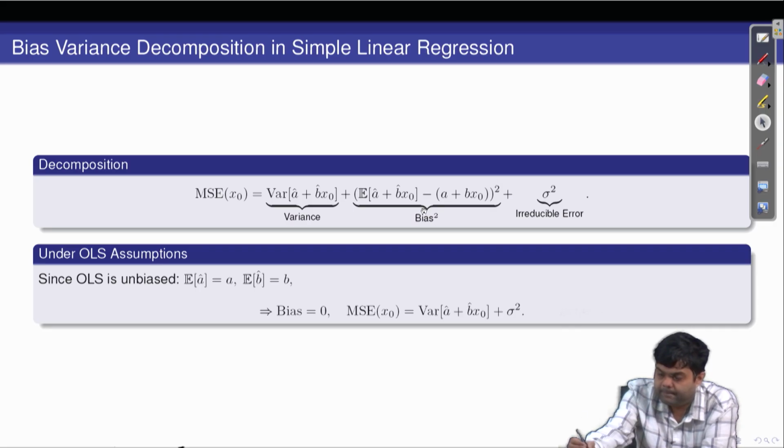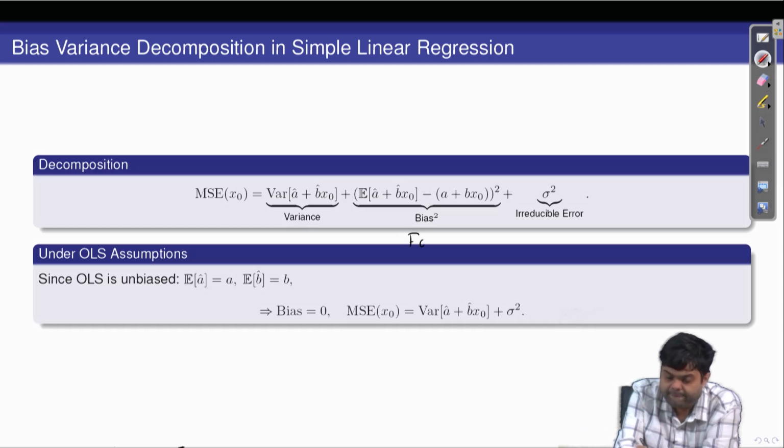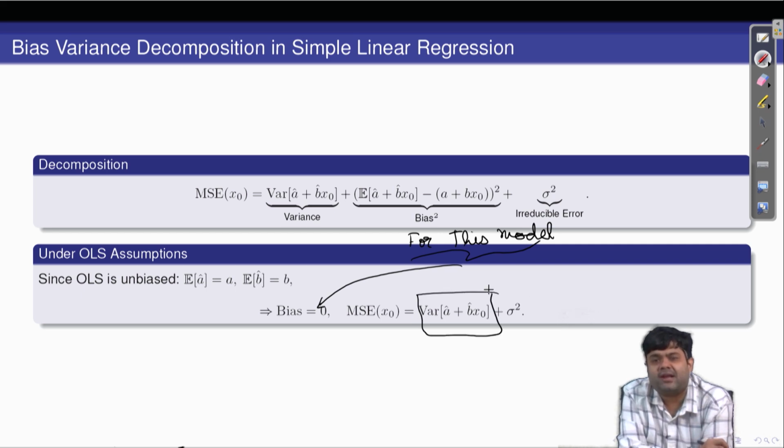So, for this model, the bias is 0, and the mean square error is just the variance of this, and one can actually calculate the variance of the linear model coefficients.